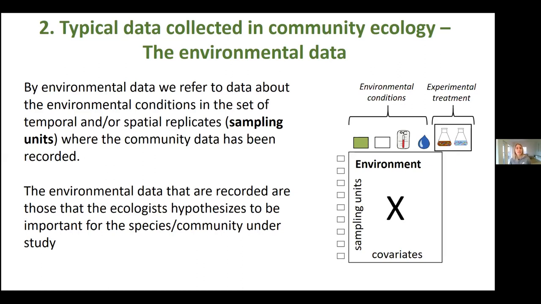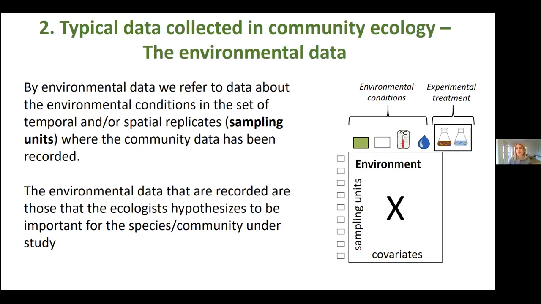Let's move on and introduce the environmental data. The environmental data are those covariates that we hypothesize to be important in determining the species that are in our community data.